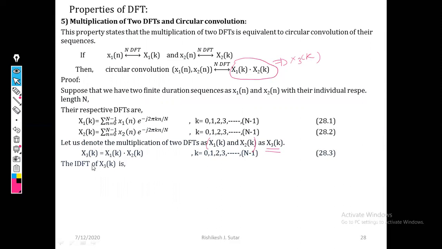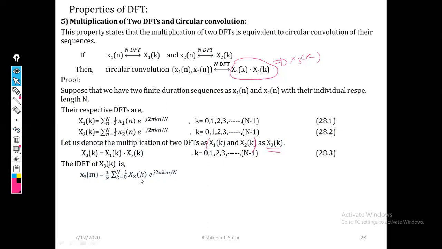If I take its inverse DFT, I can write x3 of m is equal to 1 upon N summation x3 of k e raised to j 2 pi km upon capital N.